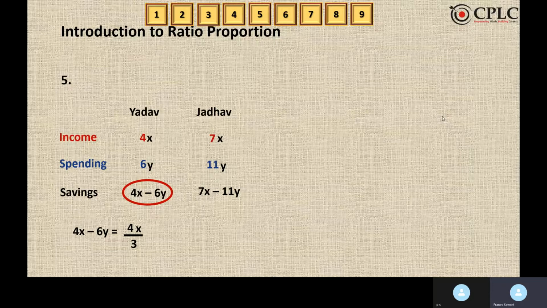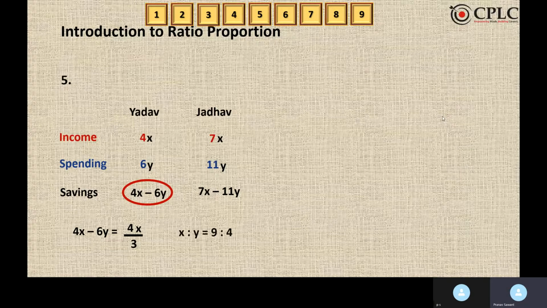I repeat, savings of Yadav is one third of income of Yadav. So savings is 4x minus 6y is equal to one third the income of Yadav. Income of Yadav is 4x, 4x into 1 by 3 will give us 4x by 3.